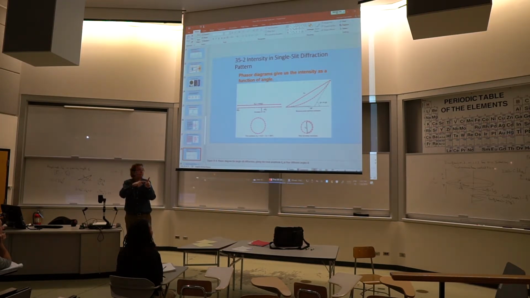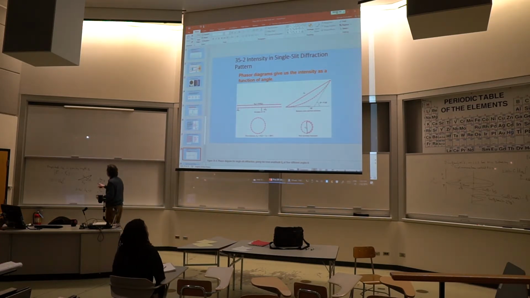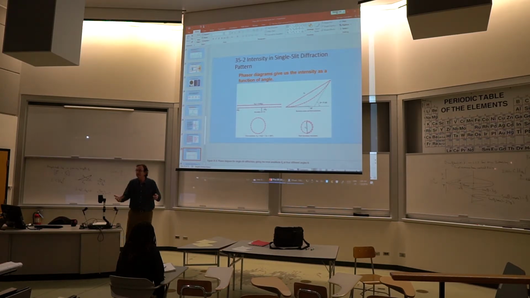If we add the two vectors in this way, the resultant vector is the amplitude of the resultant field when both of those waves are added together. Now, instead of adding 2 waves together, we're going to add 8 waves together, or n waves together, as many subslits as I decide to make.